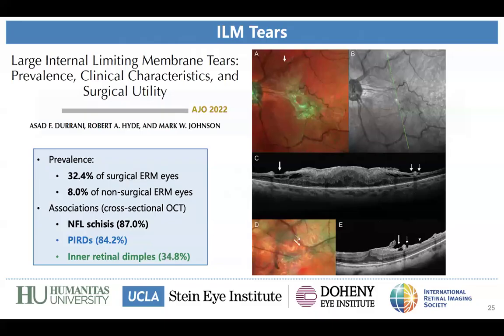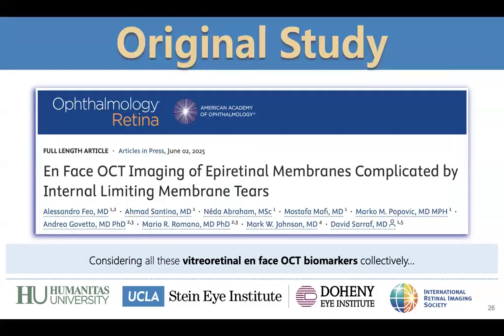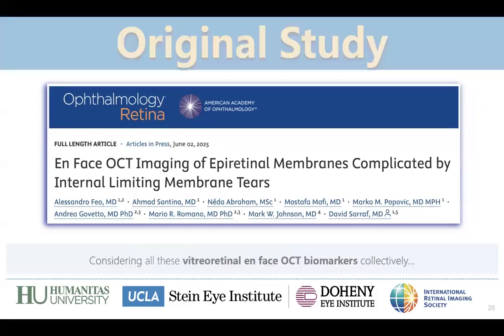For these reasons, considering all these vitreoretinal and OCT biomarkers collectively, we designed this study to employ wide-field OCT for the first time to study epiretinal membranes complicated by the presence of ILM tears.